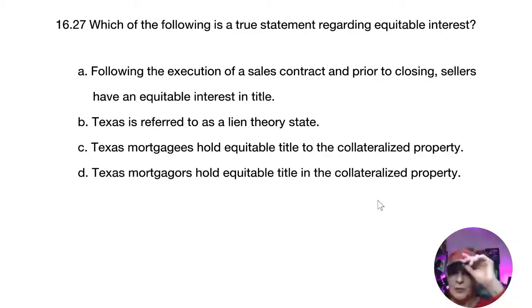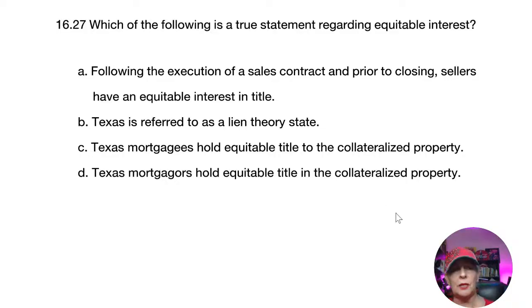Legal title transfers to the lender in a mortgage loan transaction until the loan is paid. The buyer, not the seller, acquires equitable title. Under certain circumstances, such as default, the buyer can acquire legal title.